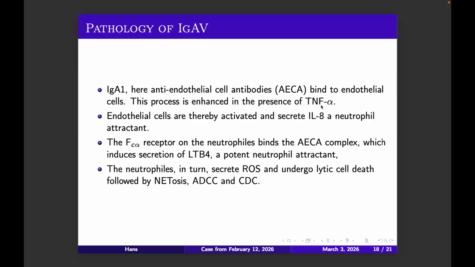They undergo what they usually do when they see an infection, a lytic cell death. They release their interior of the cell and they entrap foreign intruders, but in this case it's endothelial cells, which they shouldn't do.